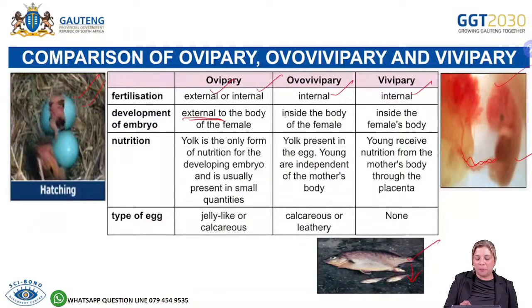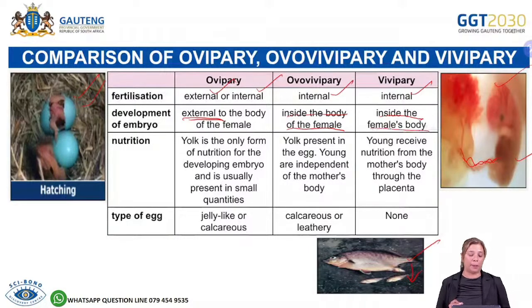In ovovivipary, fertilization takes place inside the body of the female, as mentioned. And in vivipary, fertilization takes place inside the female body, because remember, the male has a copulatory organ to deposit the sperm there. Nutrition, this is very important, and they like to always touch on this.